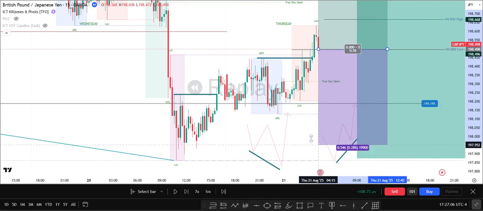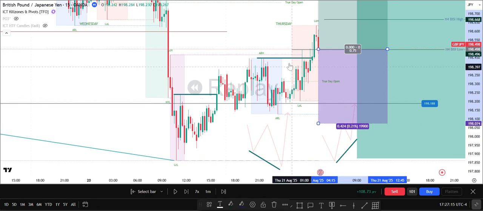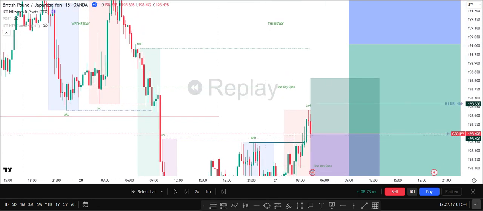You can put the stop loss below Thursday's low. Let's put it here, that is 42.4. Yeah, and what are you targeting?